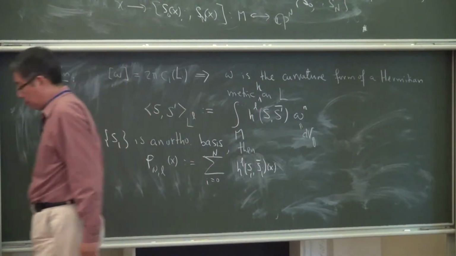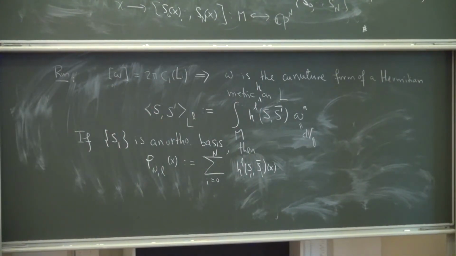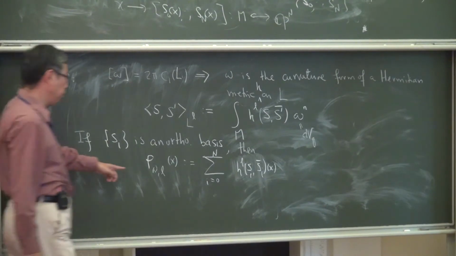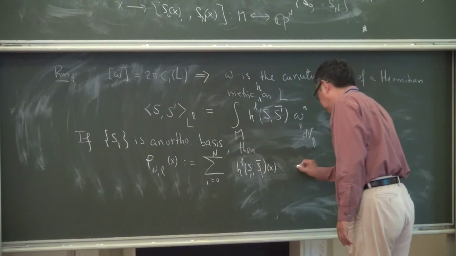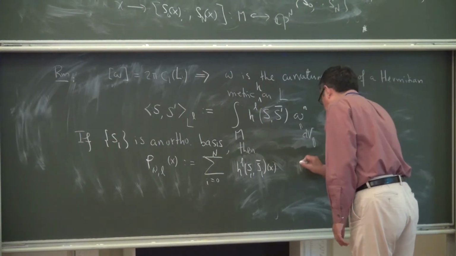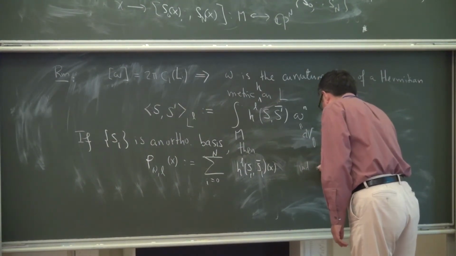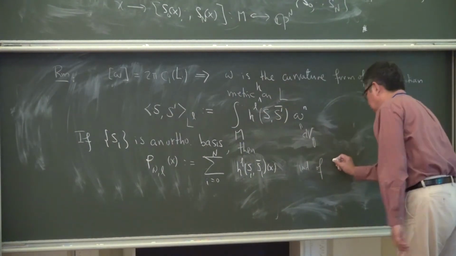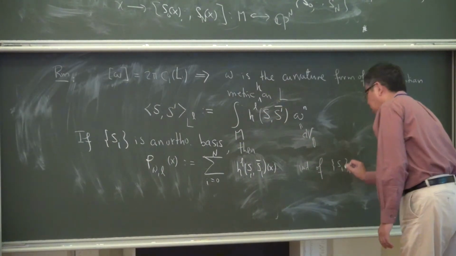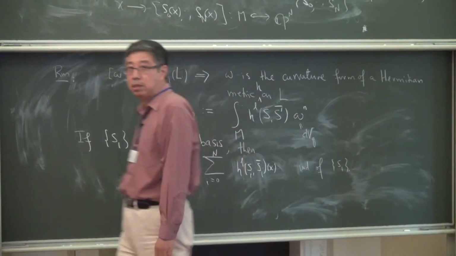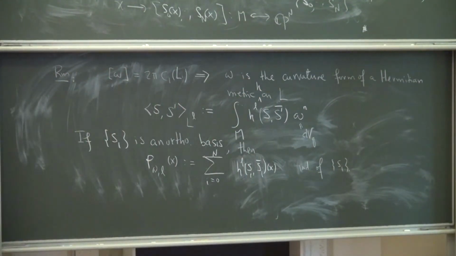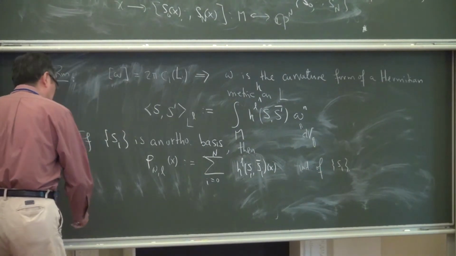Even if you have a choice of this orthonormal basis, this function you can check is independent of the basis. So rho only depends on two things: one is this metric, one is L, where you use the embeddings.